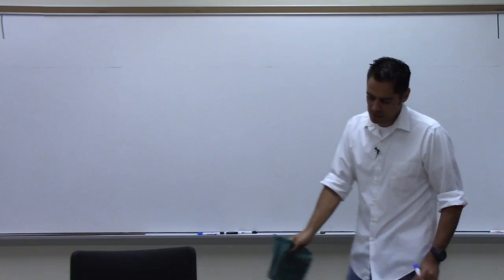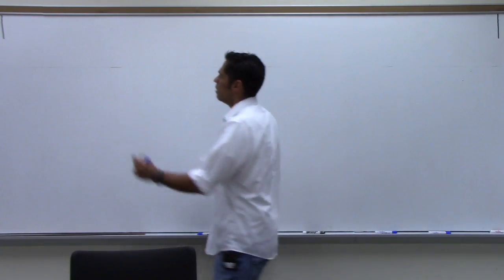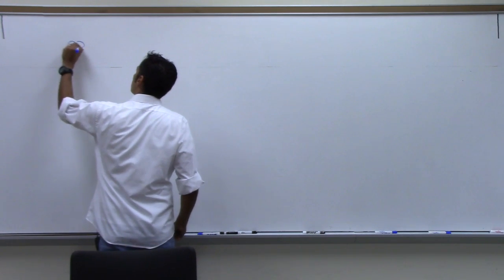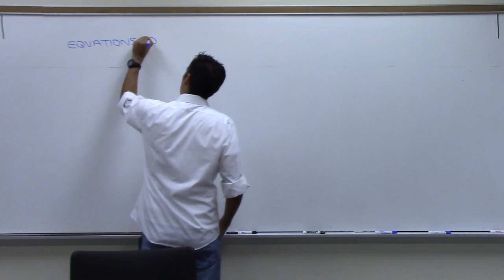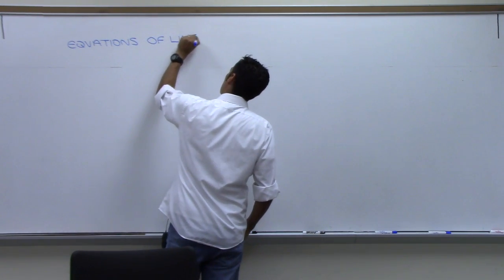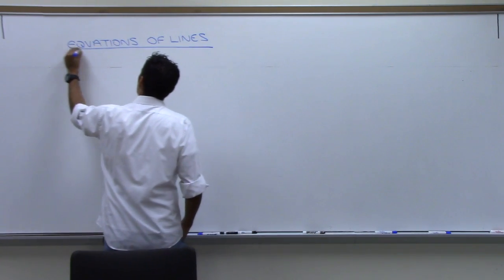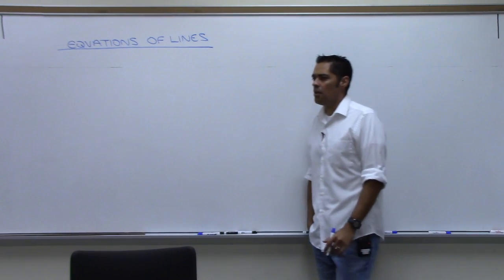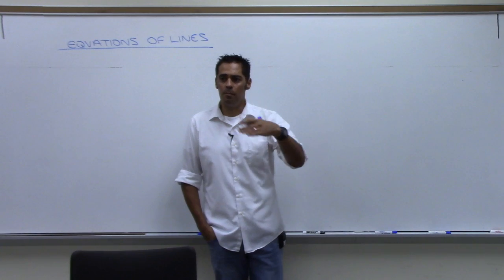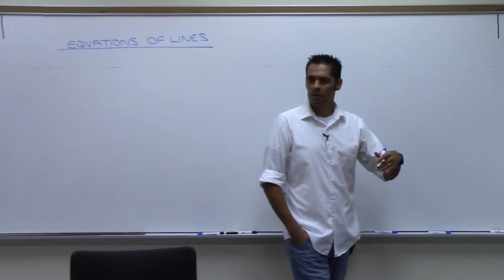All right, so now let's get to talking about equations of lines. I told you just a second ago that a line represents an infinite number of points, right? That's what it is.